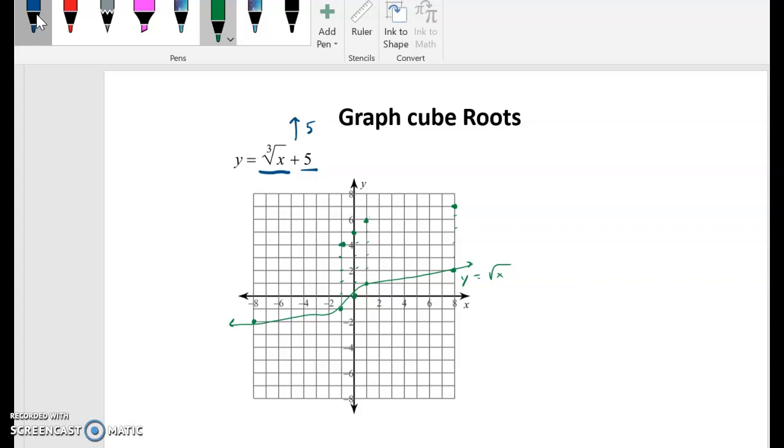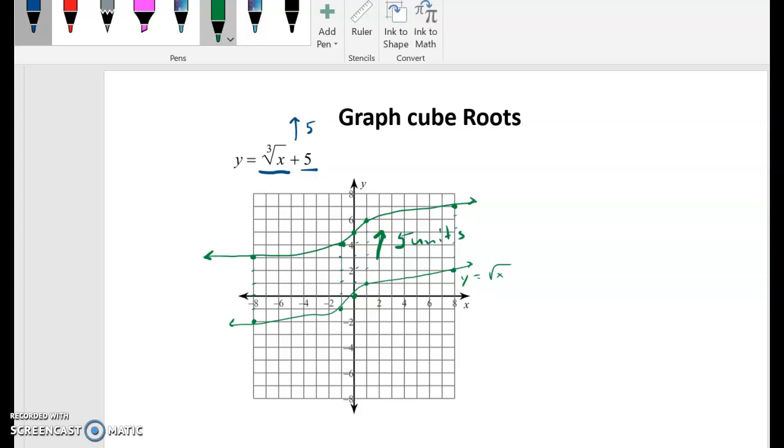And (-8, -2) gets moved up 1, 2, 3, 4, 5. So my new function, the whole thing has been moved up 5 units.